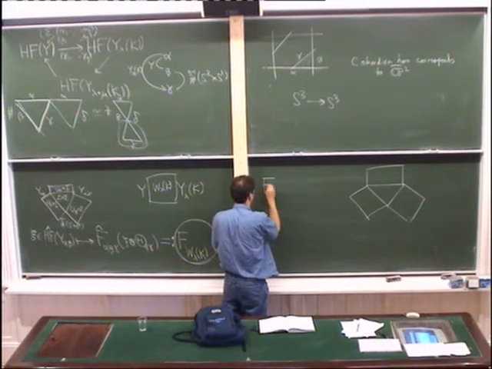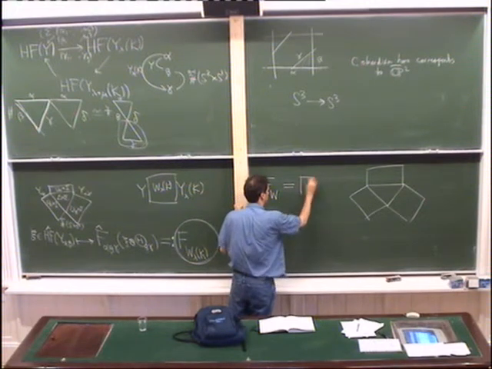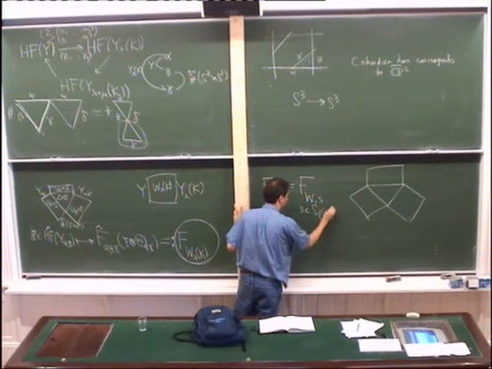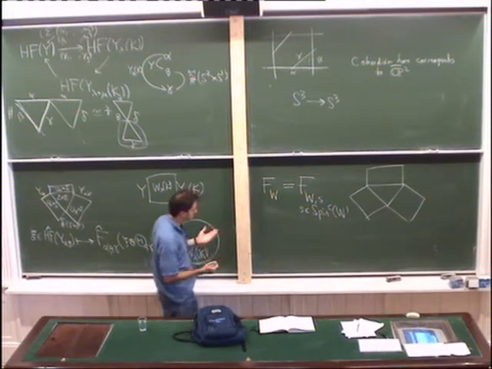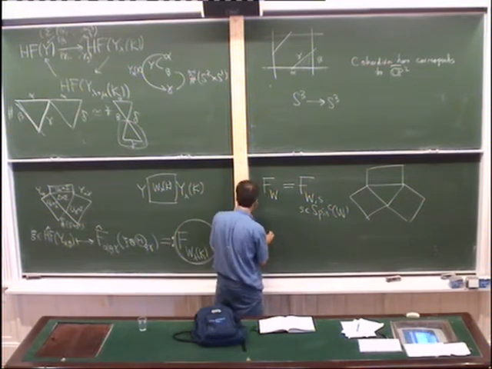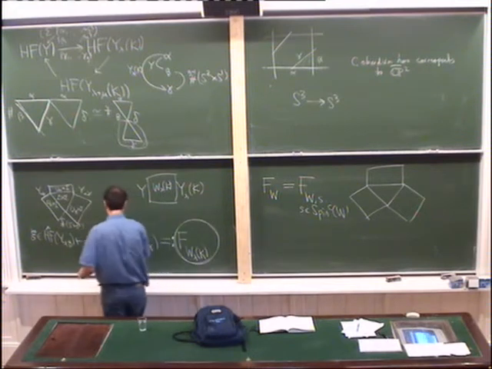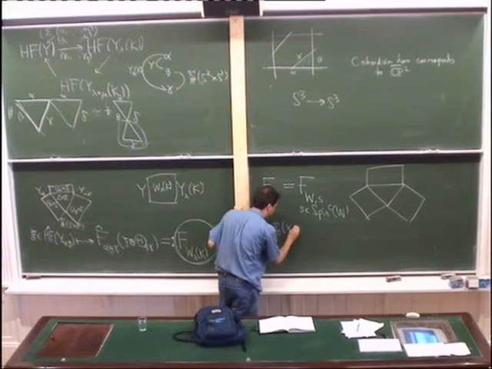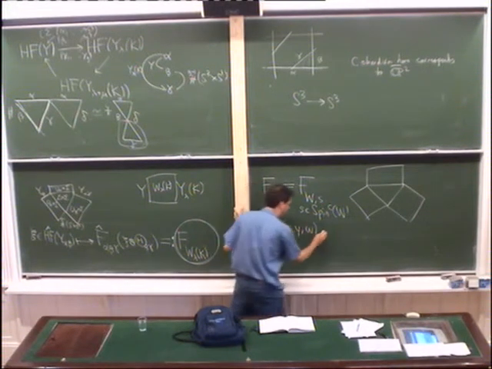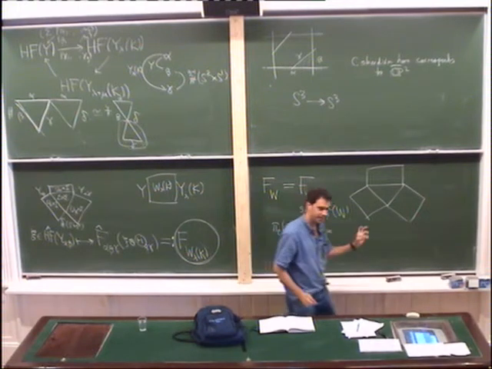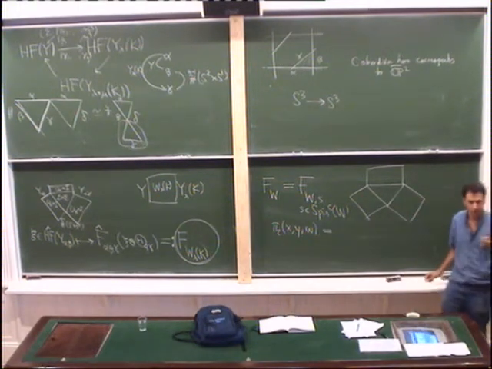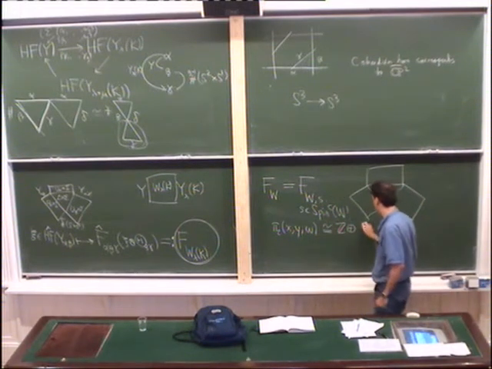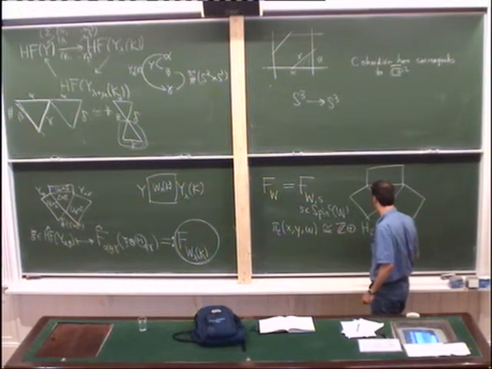The claim is that F W decomposes into F W,s, where s is the set of spin C structures on W. And the way this works is that the space of holomorphic triangles that connect pi2 of x, y of W is, just like the space of periodic domains was isomorphic to the two-dimensional homology of a three-manifold plus Z, isomorphic to Z plus the two-dimensional homology of this four-manifold.